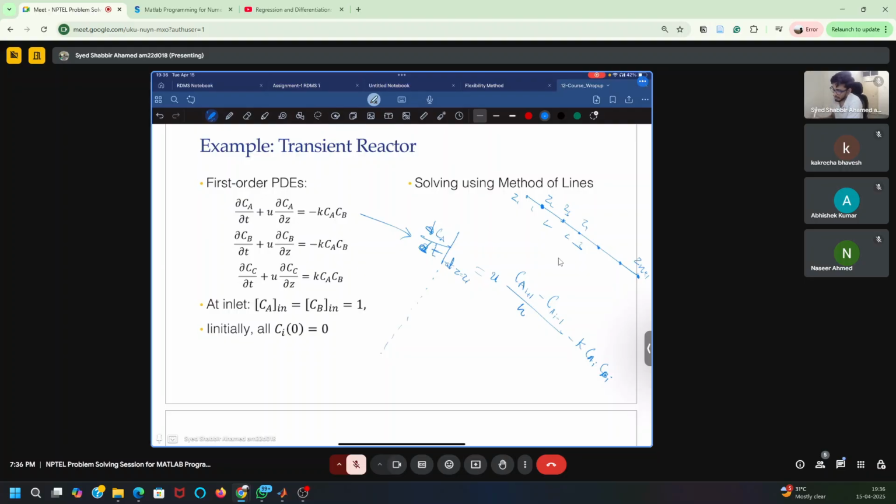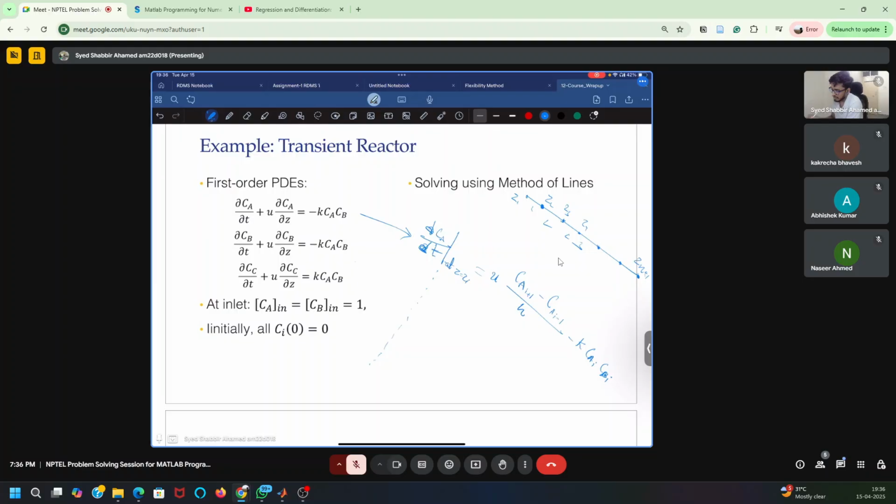And if we solve them using ODE45 or ODE15s, then we can get the solution of this partial differential equation. So that's what we were doing last week.